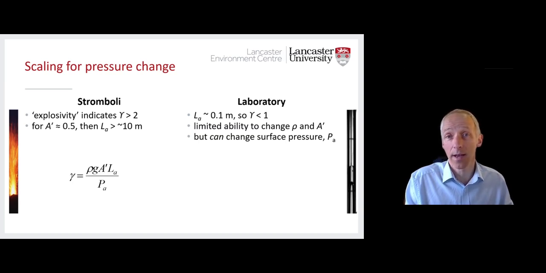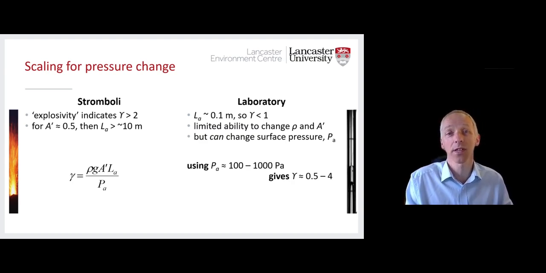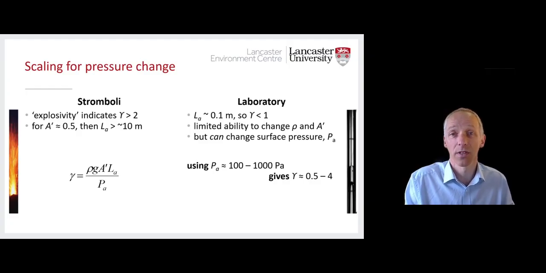So in the lab, A prime, and rho, the fluid density, would actually be difficult to substantially change due to the other requirements for the liquid. However, another way forward would be to change the surface pressure at the top of the liquid column. For example, if we decrease the surface pressure to somewhere between 100 and 1000 pascals, this would give a gamma range up to about 4, and therefore will enable us to explore the unstable slug regime that is associated with energetic bubble bursts.